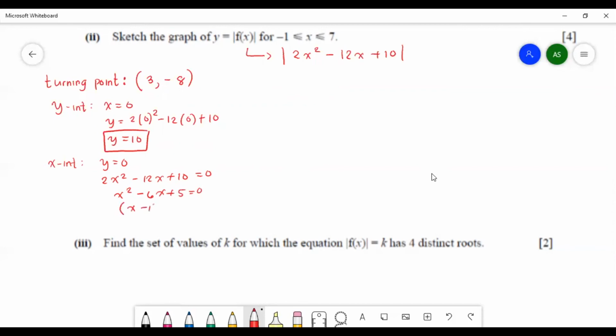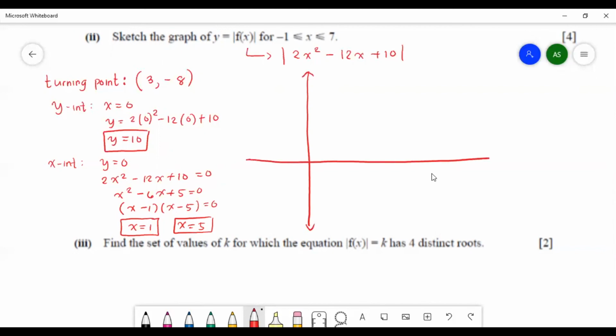This will be x minus 1, x minus 5 equals 0. So therefore your x-intercepts are at x equals 1 and at x equals 5. Now we have complete information, then we can graph your quadratic function. And then later on, we can use the graph of your quadratic to estimate the graph of your modulus function.